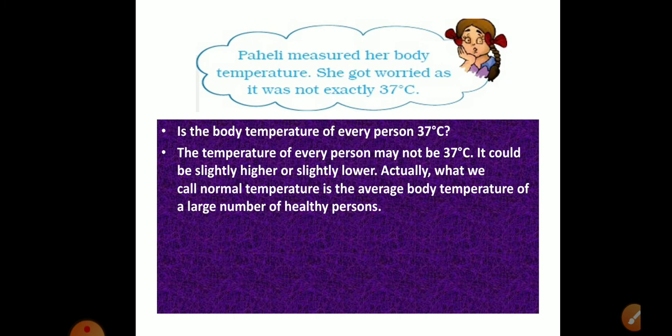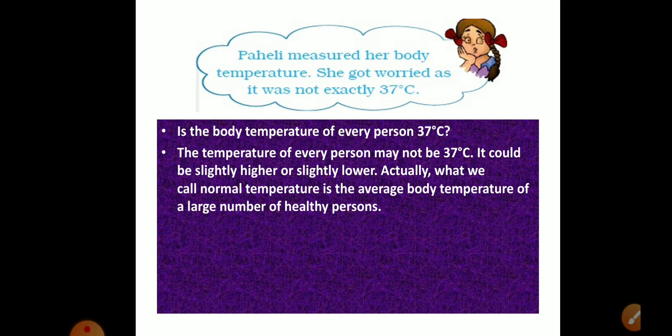Paheli measured her body temperature. She got worried as it was not exactly 37 °C. And now she is very tense because the temperature is not exactly 37 °C. Now listen. Is the body temperature of every person 37 °C?